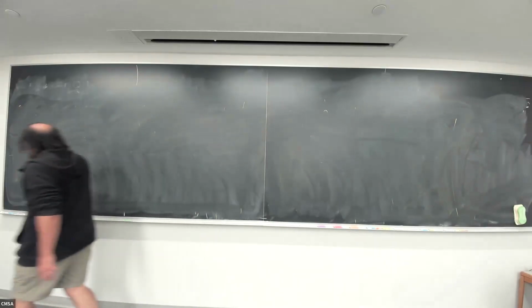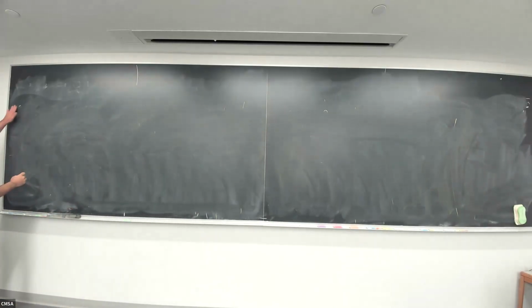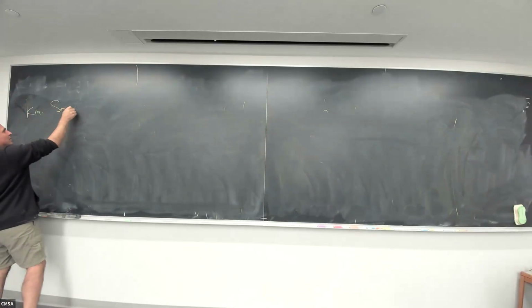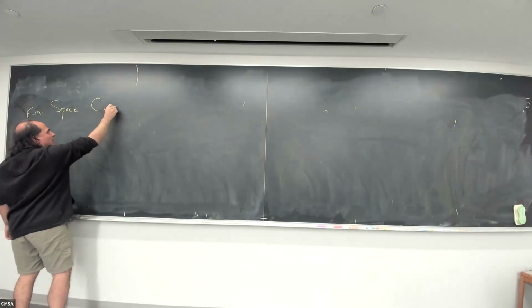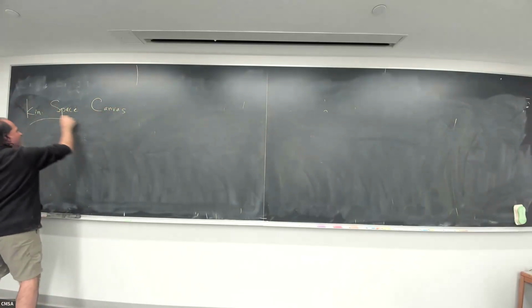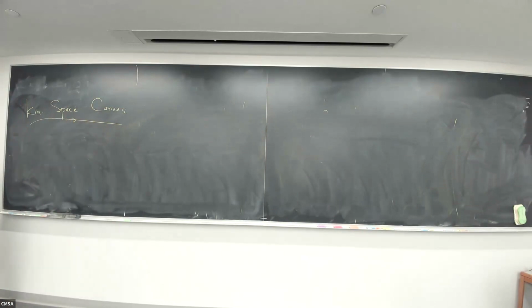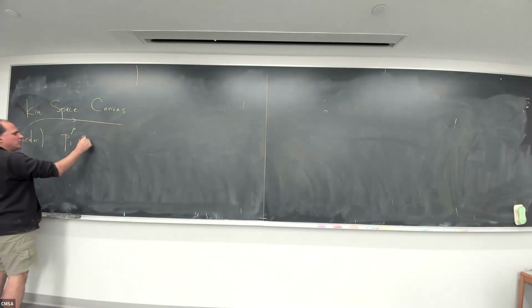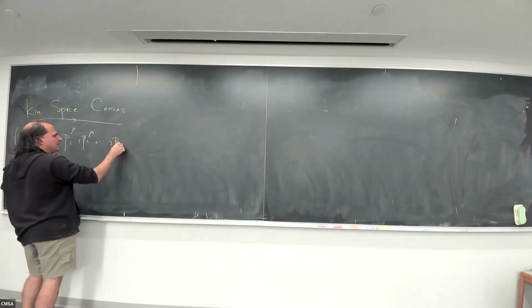Okay, so let's understand our kinematic space canvas. And to begin with, remember, I'm going to just imagine that we have scalar particles, so there's no spin. So all I have is a bunch of momenta, P1, P2, up to Pn.